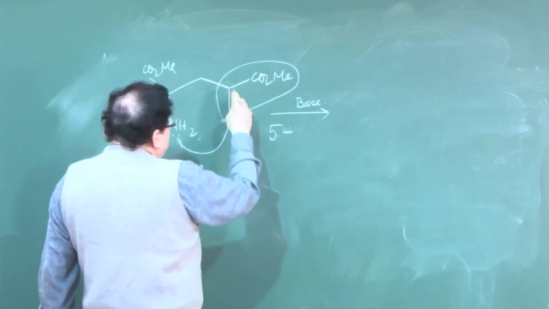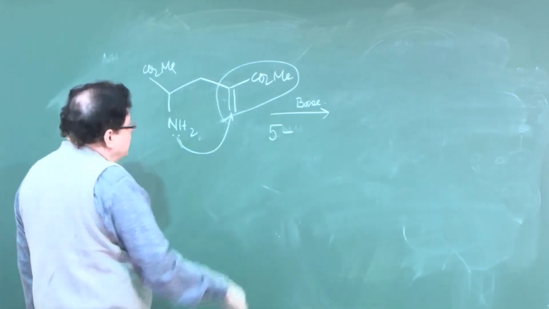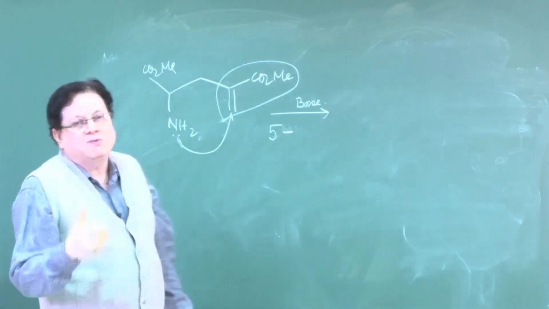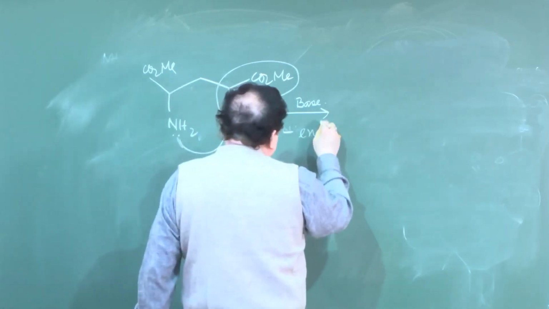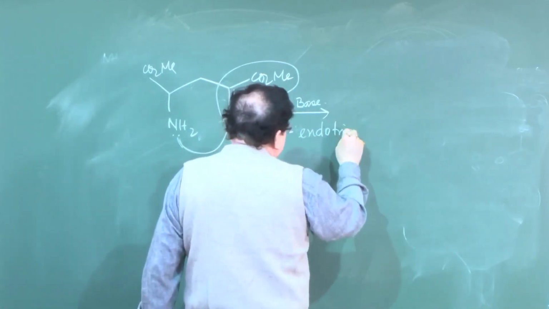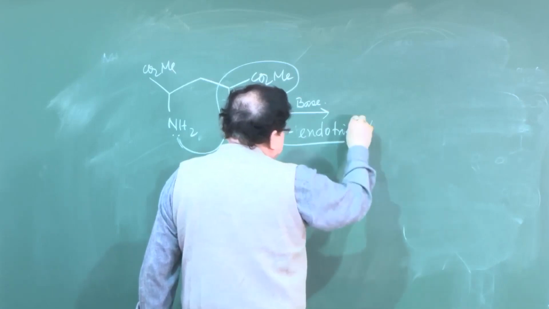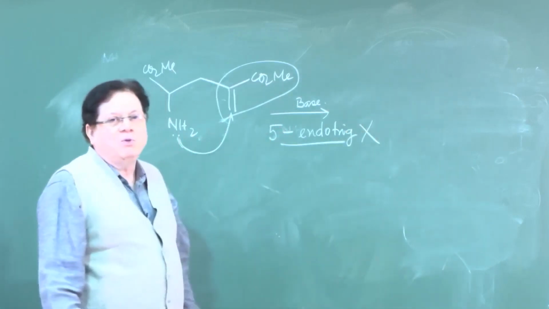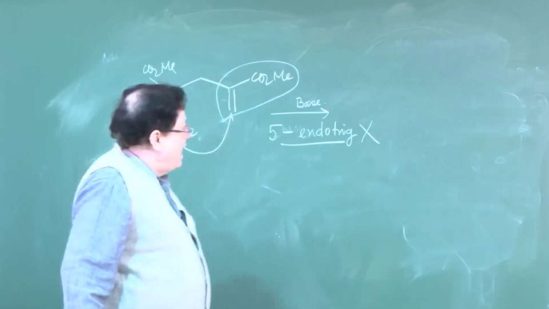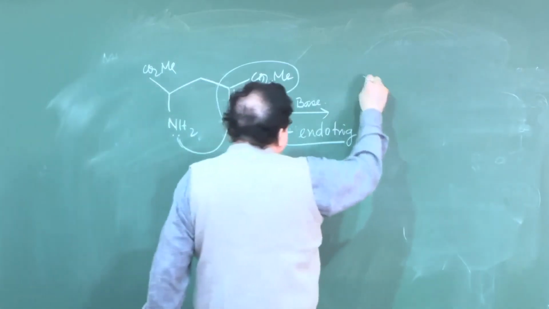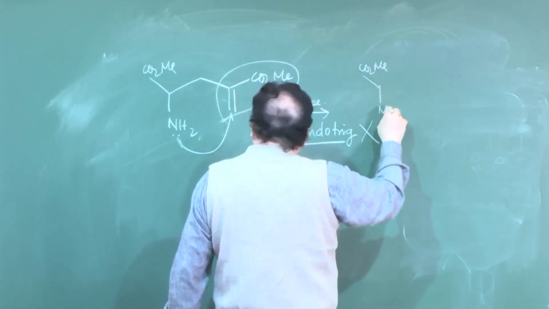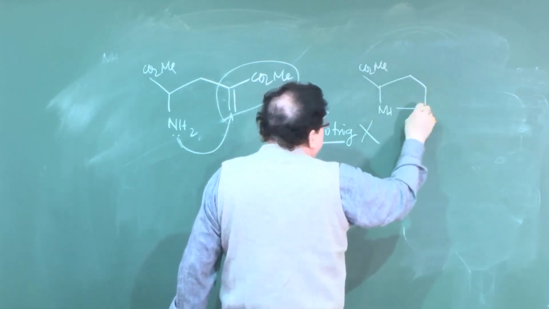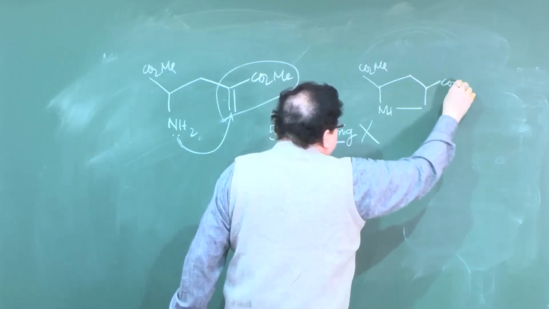The double bond is basically a part of the ring, that means electron is flowing inside the ring. So, it is an endo-cyclization, 5 endo-trig cyclization. Now, if you look into the rules, that is not a favored process. So, in fact, it never gave this molecule. This product was never obtained from this reaction.